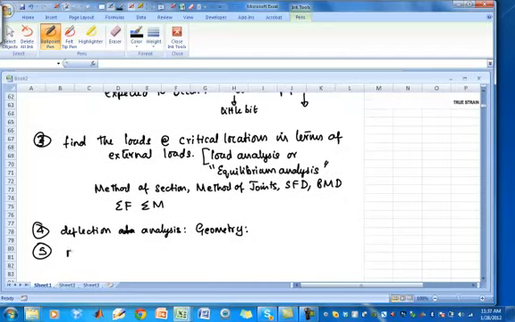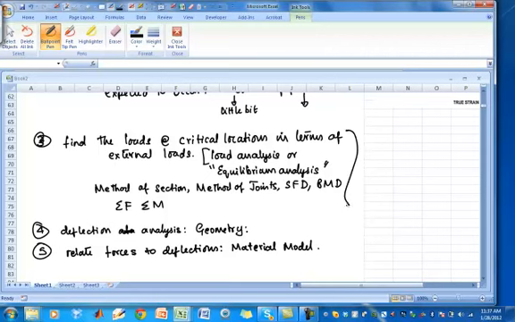Okay, the last one, finally, we have to relate forces to deflections. This is usually called material model. Okay, so you will see that I will relate the forces to deflections.